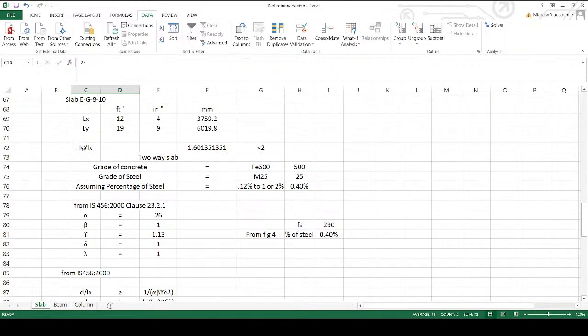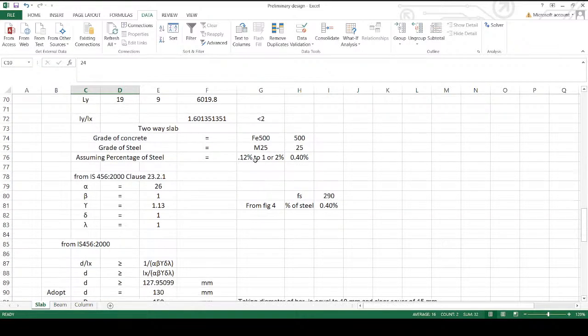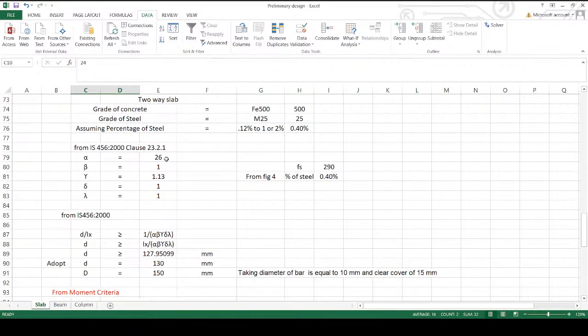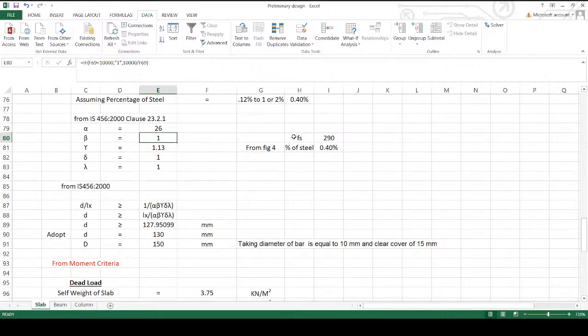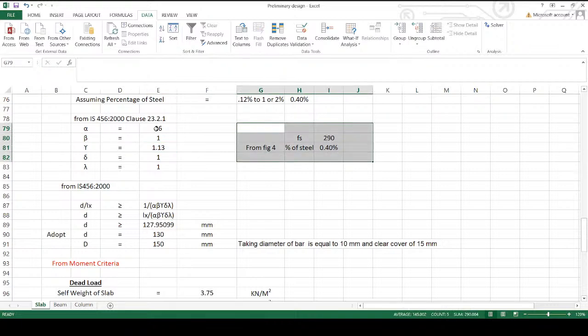And again we have got ly by lx, that is less than 2, that is a two-way slab, and grade of concrete fck 25, steel Fe 500, percentage of reinforcement 0.4%, alpha, beta, gamma for the continuous slab. Beta is for span less than 10 meters, gamma is equal to 1.13, and percentage of 4%, and gamma from this criteria is 4.69.